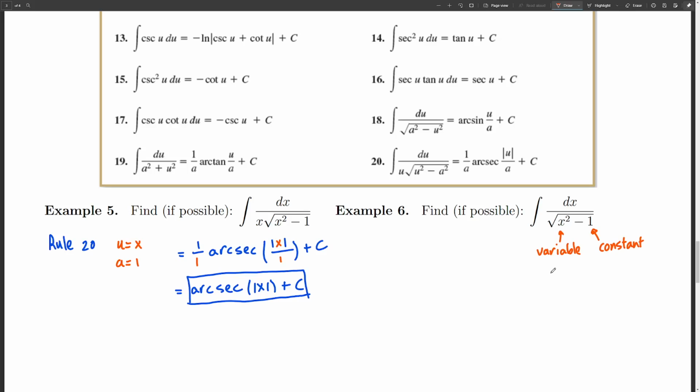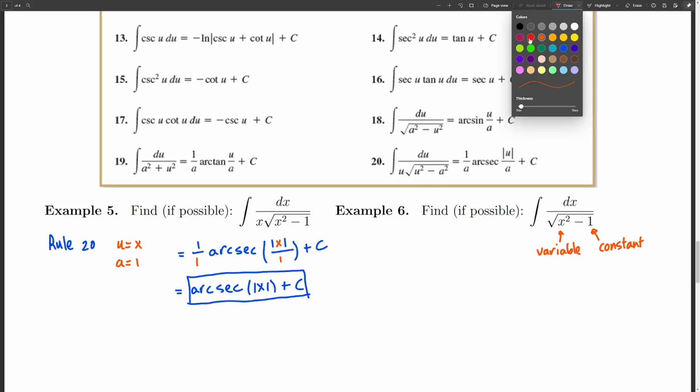And since it's subtraction, we cannot just flip those two, right? 3 minus 5 is not the same as 5 minus 3. If it had been addition, it doesn't matter what order they show up, because 3 plus 5 is 5 plus 3. But here we have a variable and a constant, and rule 18 has the constant squared minus the variable squared.